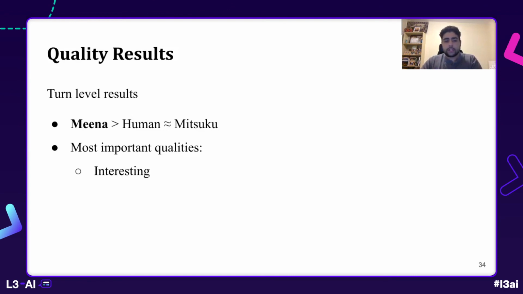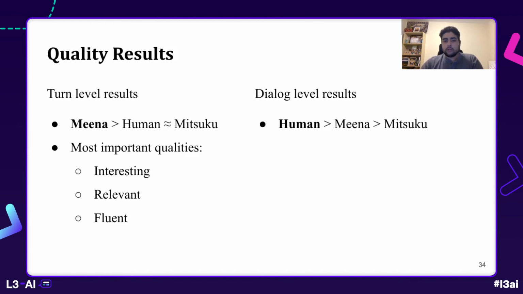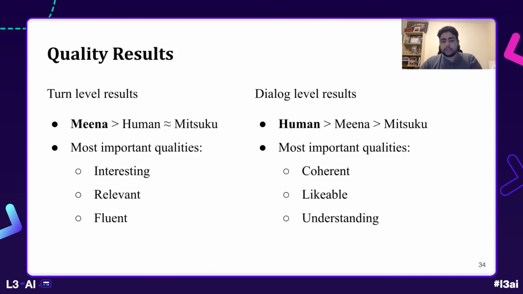And we find that interestingness, relevance, and fluency are the most important fine-grained metrics to get a higher overall impression score. For dialogue level, we see that humans outperform Mina, and then Mina outperforms Mitsuku. The most important qualities, again, are coherence, likableness, and the system being understanding of the user.